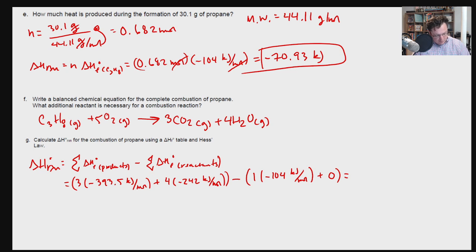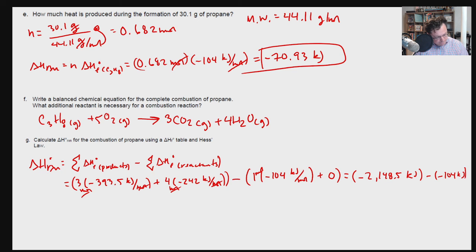So on the product side we get negative 2,148.5 kilojoules, minus negative 104 kilojoules. This is 1 mole, because the moles then cancel.